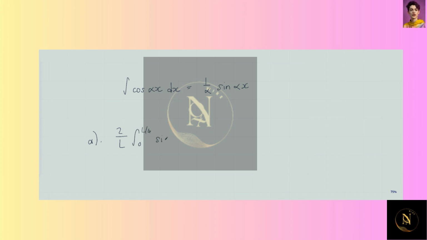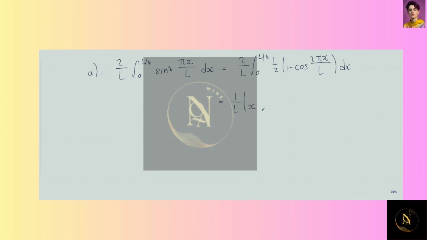So if we go to part A, we have 2 over L times the integral from 0 to L over 4 of sine squared pi x over L dx, which is 2 over L times the integral from 0 to L over 4 of a half into 1 minus the cosine of 2 pi x over L dx, which is 1 over L into x minus L over 2 pi times the sine of 2 pi x over L, with x going from 0 to L over 4.